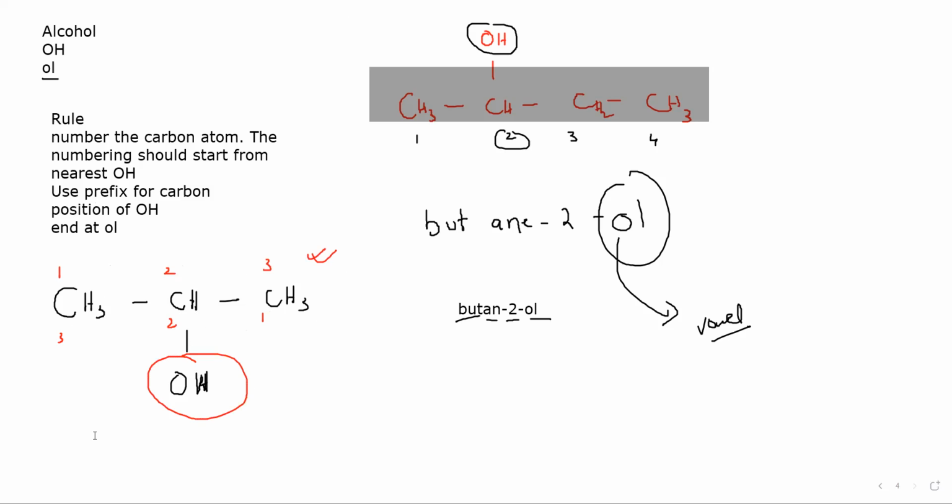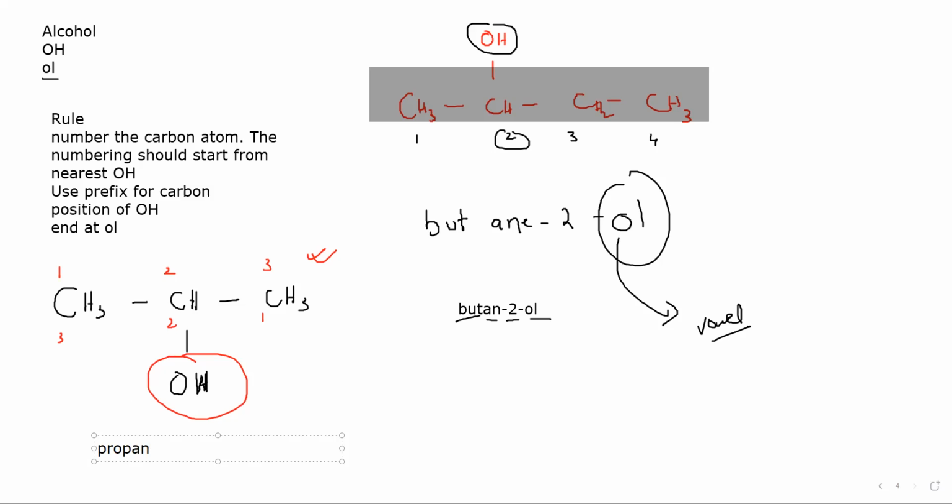So there are 3 carbons. What is the prefix used for 3 carbon atoms? Prop. So I will say prop. What kind of bond is there between the carbon atoms? Single, double, or triple? It is single, so it is ane.